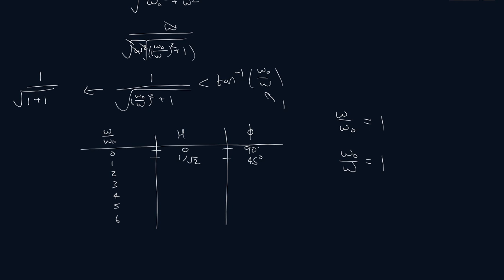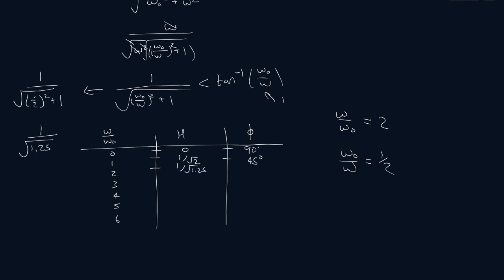There we go. Now for 2, the reciprocal is 1 over 2. So it'll just be 1 over the square root of 2 squared plus 1, which is 1 over the square root of 1.25.